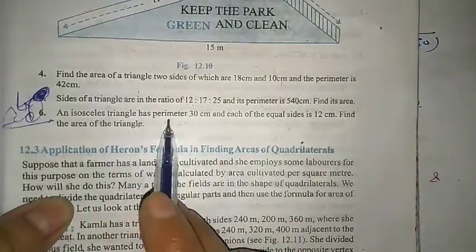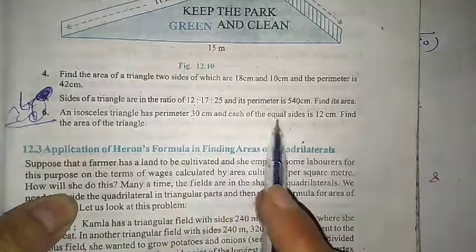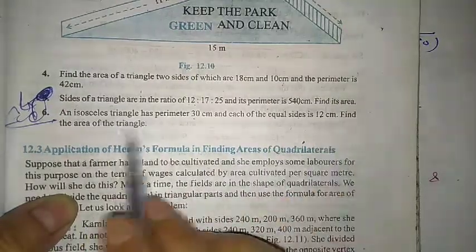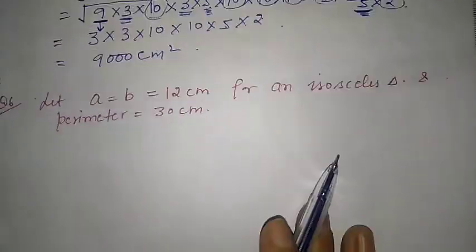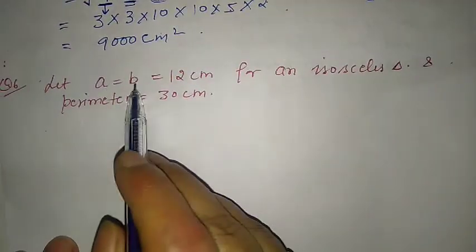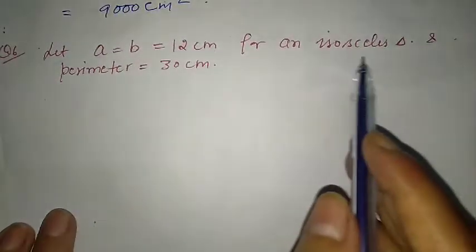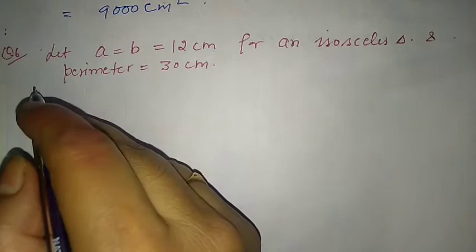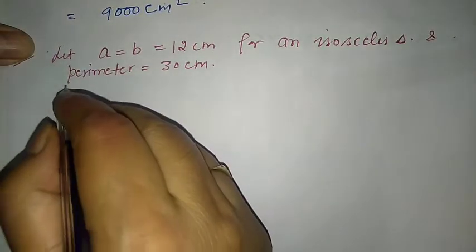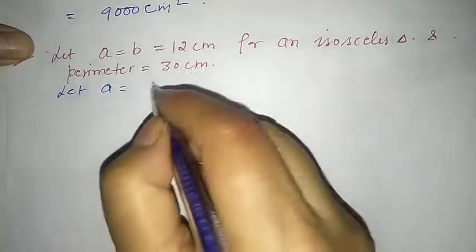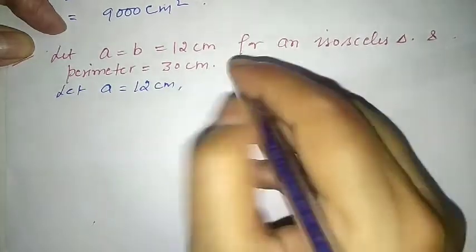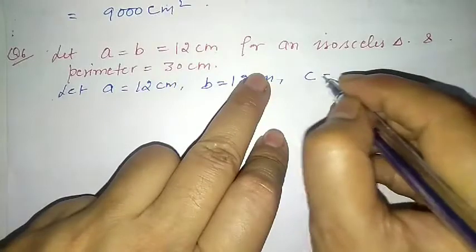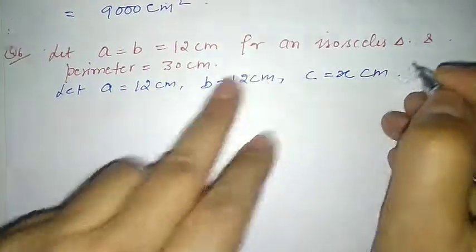An isosceles triangle has a perimeter of 30 centimeter, and each of the equal sides is 12 centimeter. The third side is not given. Find the area of the triangle. So this time, let A equal B equal 12 centimeter. For an isosceles triangle, perimeter is given 30 centimeter. So let the third side be X. A is 12 centimeter, B is 12 centimeter, and C is X centimeter.